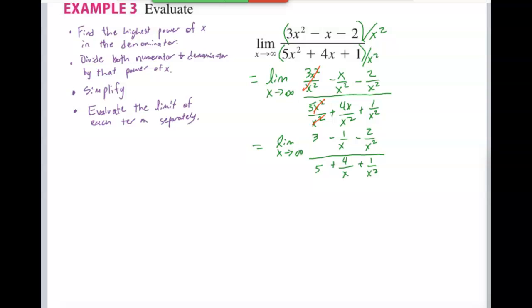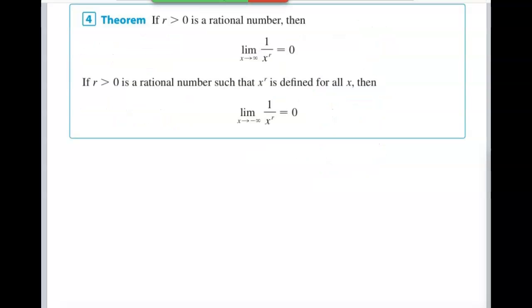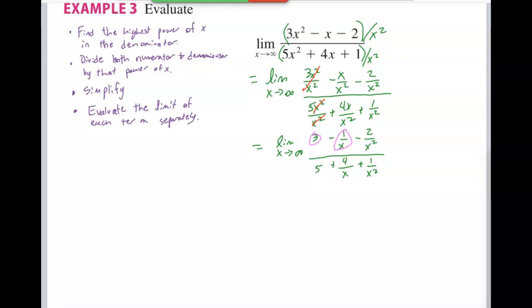Now our limit laws effectively allow us to look at each term separately and evaluate them on their own, as x approaches infinity. So I'm going to have you guys do that with me. All right, so the first term we have the limit of 3 as x approaches infinity.